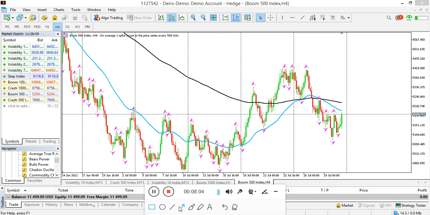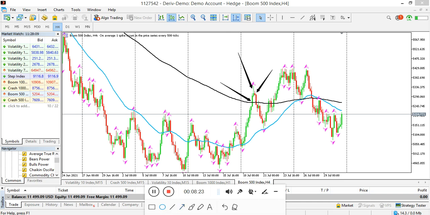We have this area. This is 1. This is 2. Okay, please listen very well. And this is 3. On the third one is where you have your fractal.